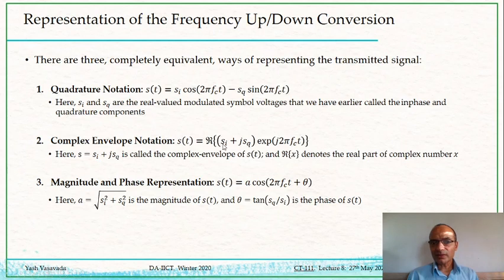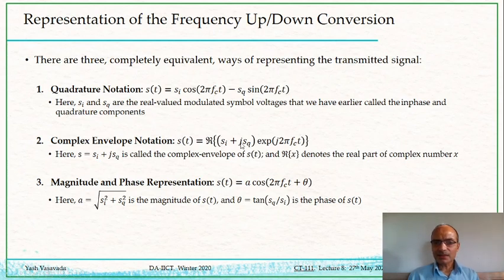And the complex number is the product of SI plus j times SQ, where j is square root of minus 1, times this complex exponential phasor. You can do this math. If you take the real part, you will get this equation. Okay, so the complex envelope notation is another way of writing the same signal.